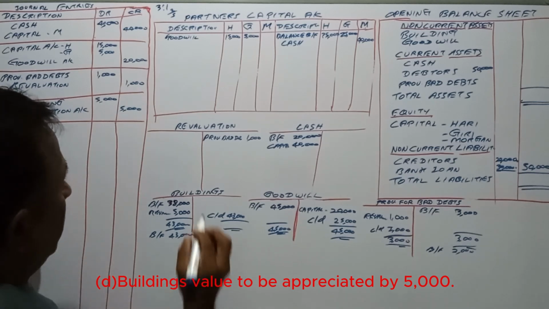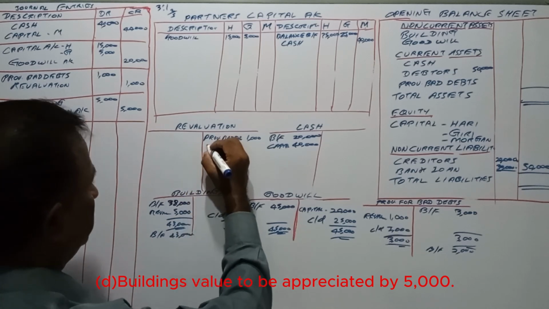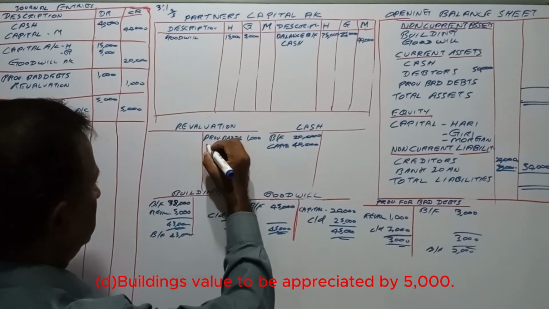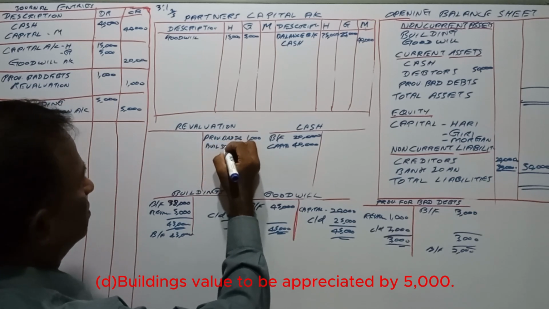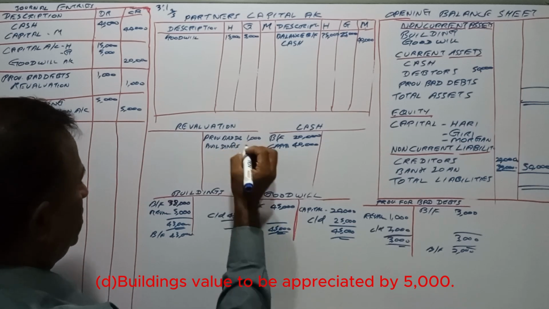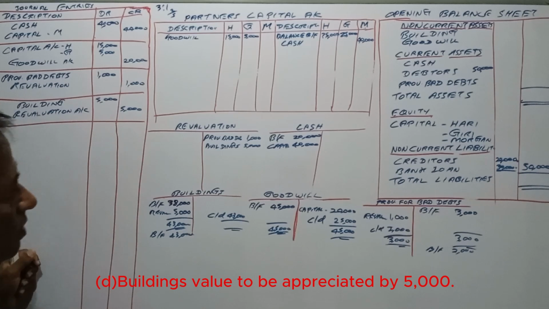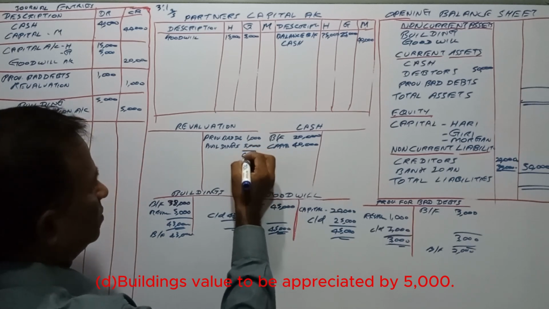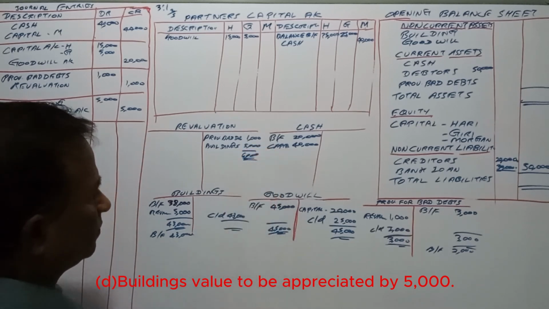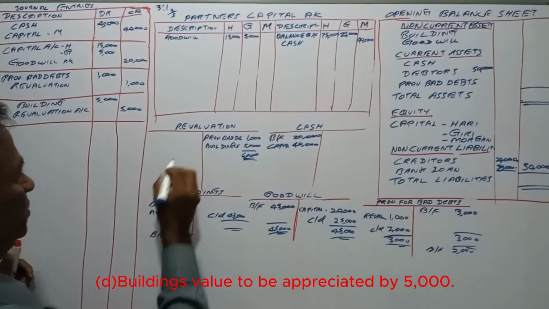Here you will say revaluation account credit 5,000 for buildings. Then the carried amount is 6,000.